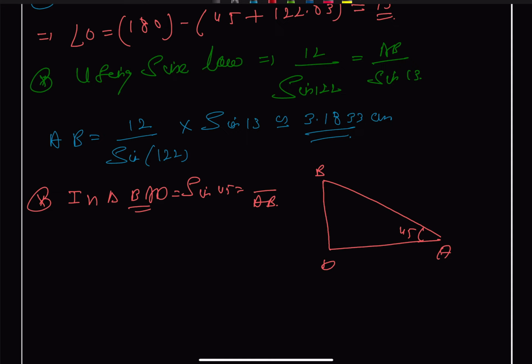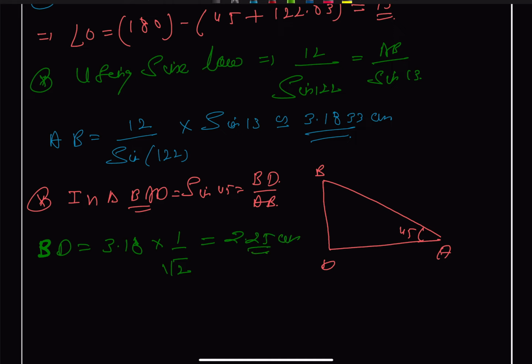So we get that our BD will be equal to AB. AB is 3.18. Sine of 45 is 1 upon square root of 2, and this comes equal to 2.25 centimeters.